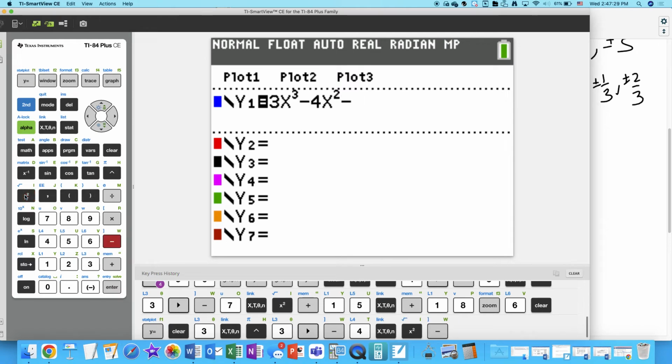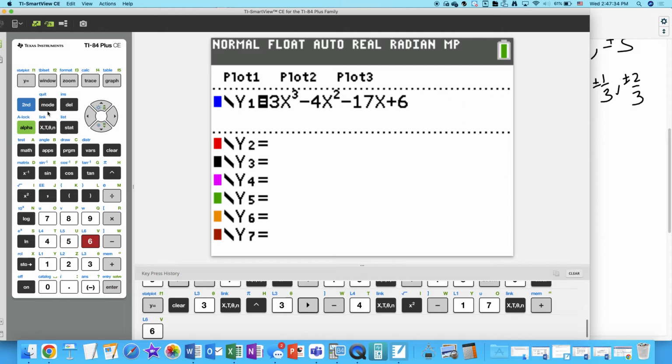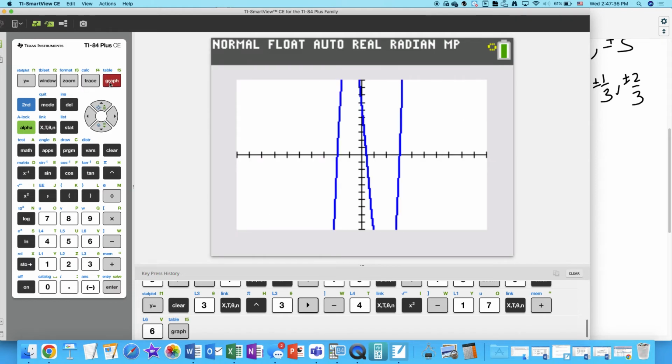And I'm going to graph that. Now I can actually see from the graph, looks like 2 of these are integers, and one of them is not. So I'm going to choose one of the integers when I'm plugging it in, because that's going to make life a lot easier. So it looks like I could use -2 or 3. Okay, so pick either one of those.